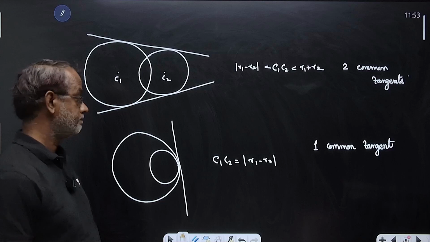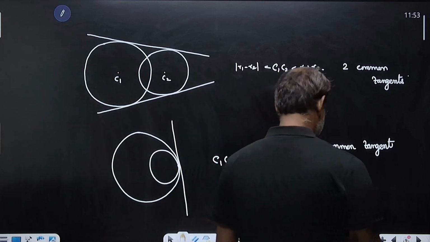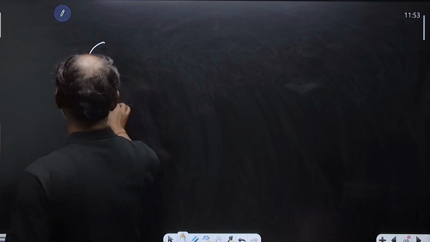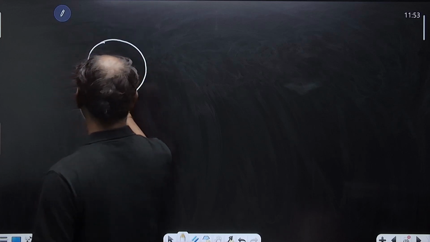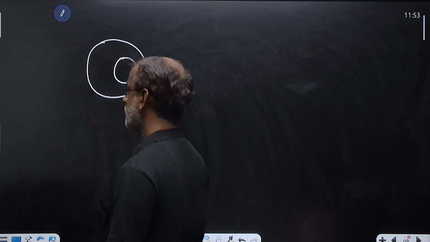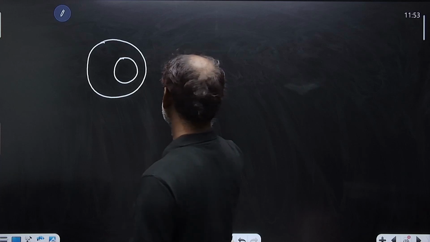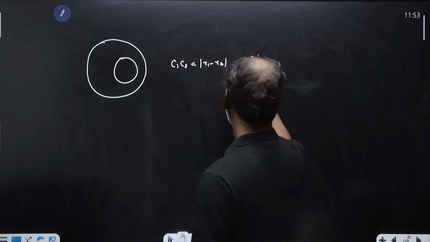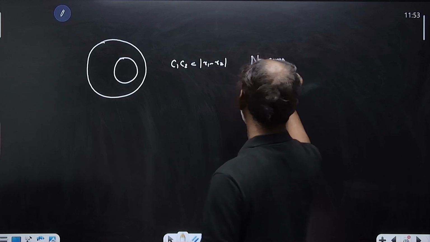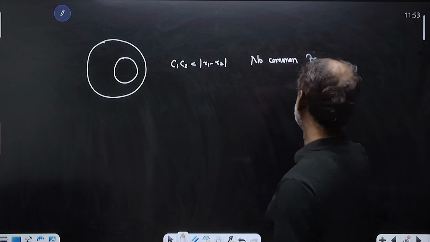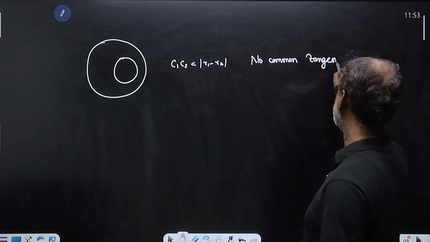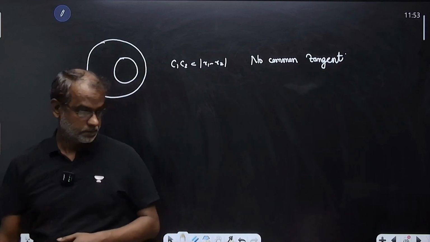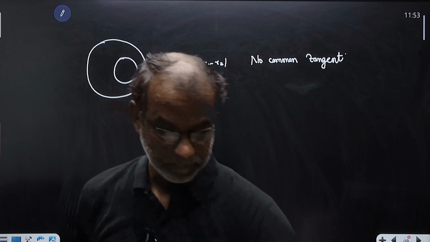Now, the other situation that remains is if one lies completely inside the other. In this case, we have no common tangent.